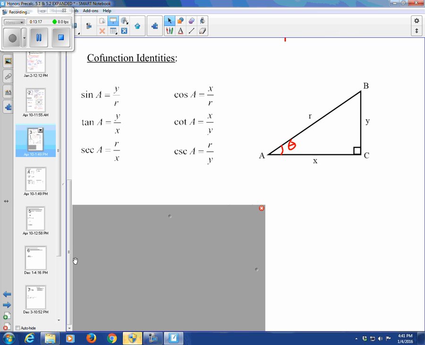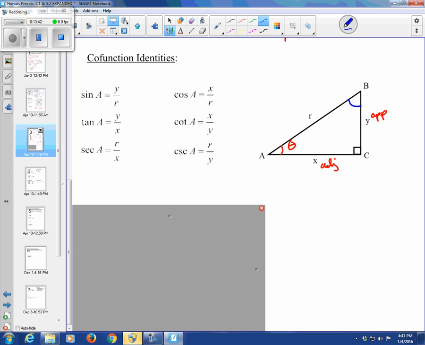But what if we were to change the angle perspective from our angle A to our angle B? When we look at our triangle from angle A, we can say that the y value is the opposite, or the y length is the opposite length, and that the x is the adjacent. And we know r is always going to be the hypotenuse because it's opposite the right angle.